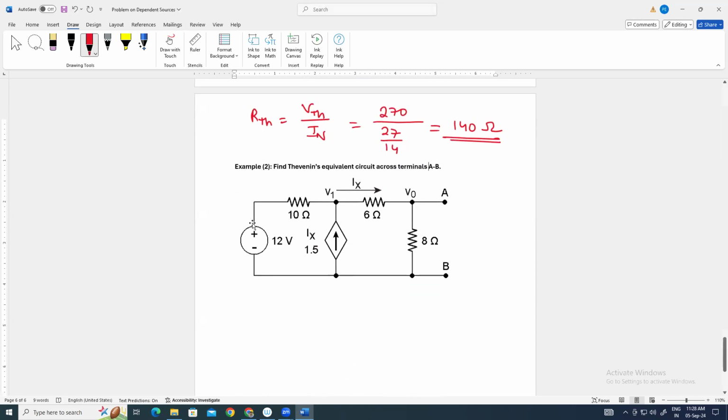This is another example of dependent sources, where a dependent current source is there, Ix into 1.5. It means 1.5 Ix. Ix is the current flowing through the 6 ohm branch. So we have to find the Thevenin equivalent circuit across terminal AB.